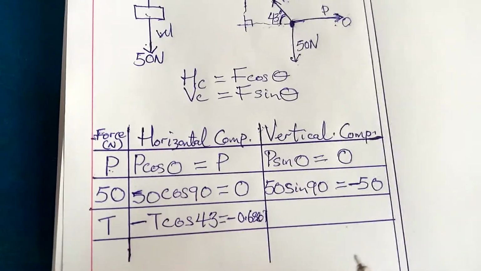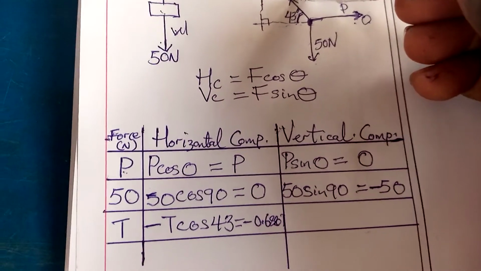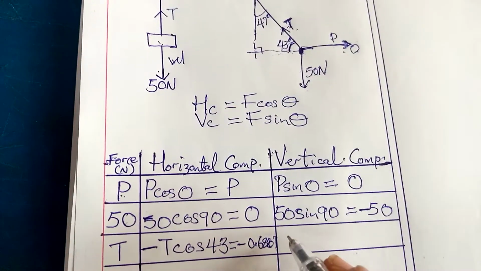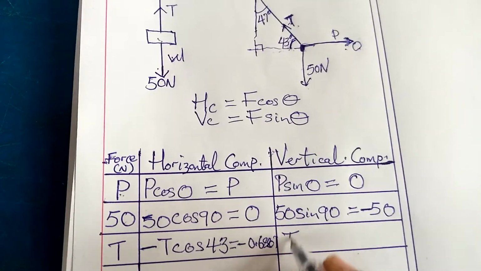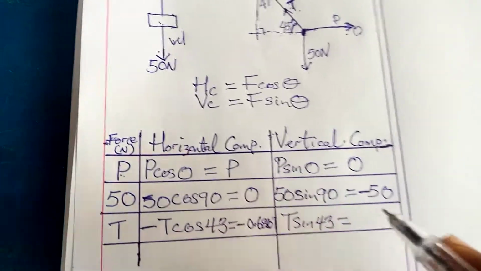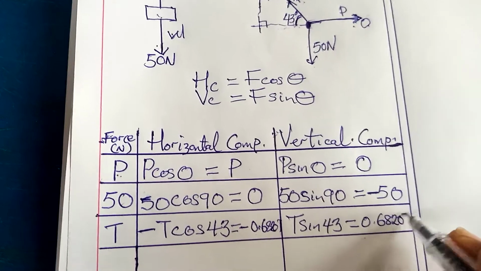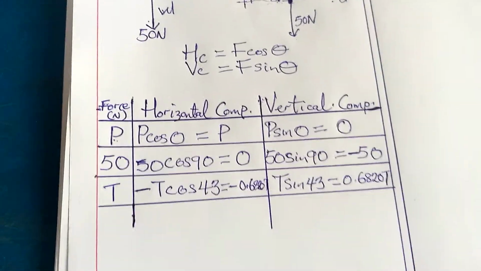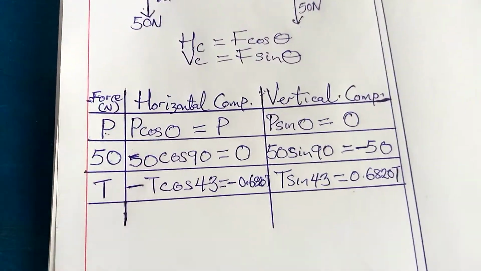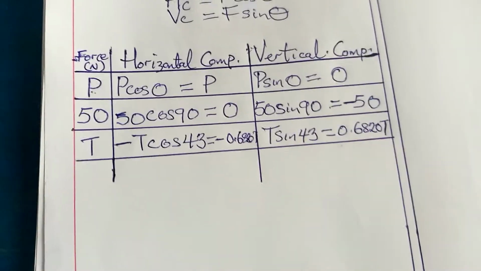And the third one is resolving the tension T along the vertical. The tension T along the vertical is T sine 43, which is going to give us 0.6820T. So with this now, we have resolved all the three forces into both horizontal component and vertical component.